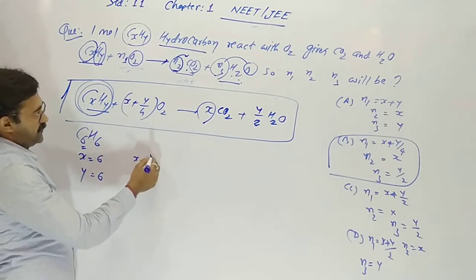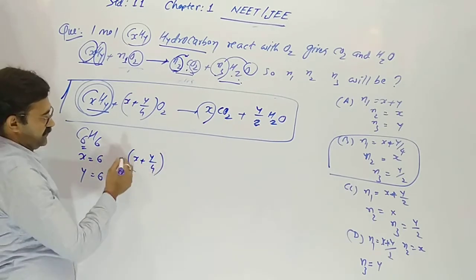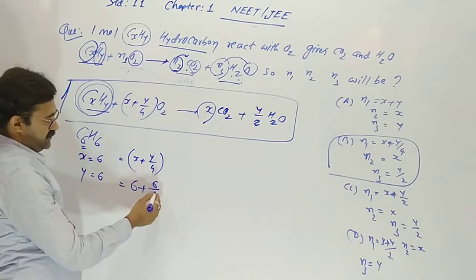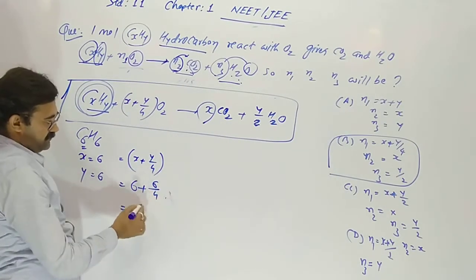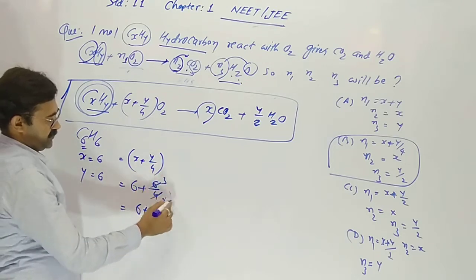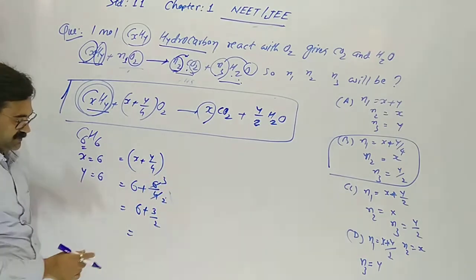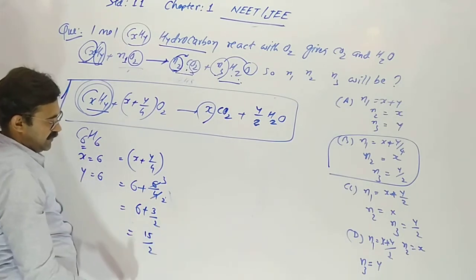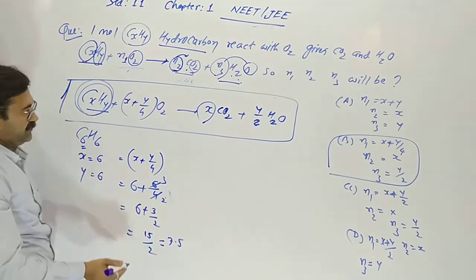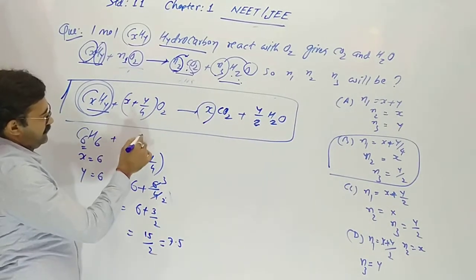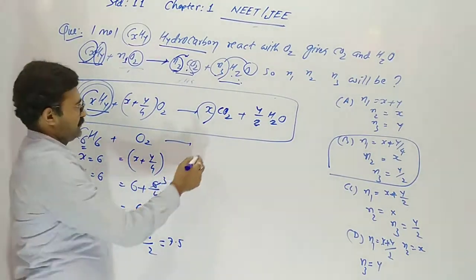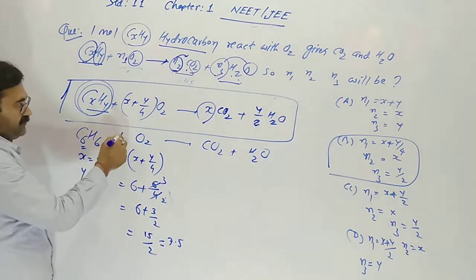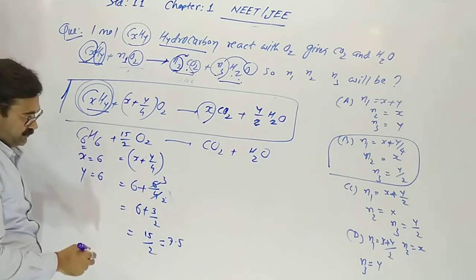Oxygen will be X plus Y by 4, so 6 plus 6 by 4, that is 6 plus 3 by 2. 6 times 2 is 12 plus 3 is 15 by 2, otherwise 7.5. So here oxygen gives carbon dioxide and water, and the mole of oxygen will be 15 by 2.